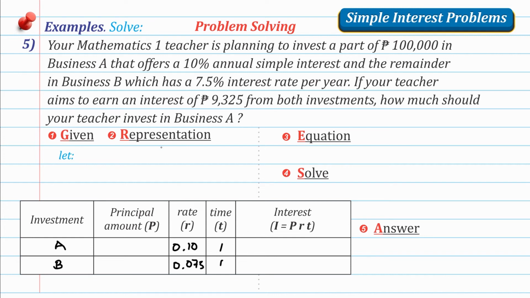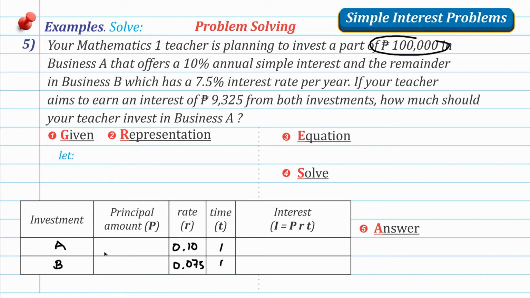Pinigay ba kung magkano ang pinunta sa Business A and Business B? Hindi po. But take note, we have a clue. Ang sabi dito, to invest a part of 100,000. So, that means some parts of the 100,000 pinunta sa A, yung ibang parts, remaining part actually, pinunta sa Business B. Basta we know that their total is 100,000.